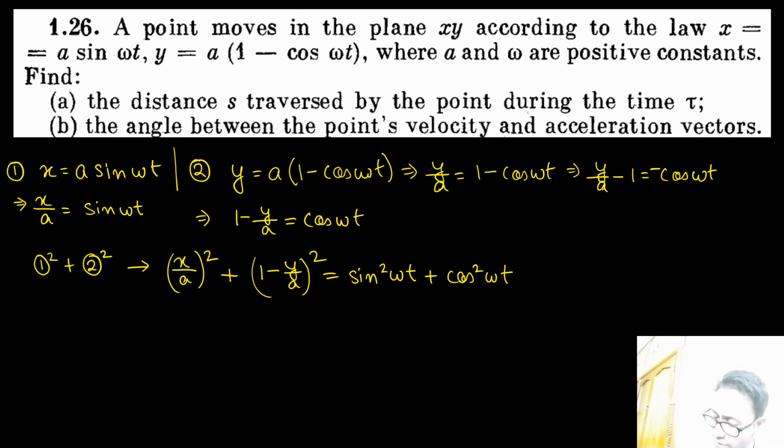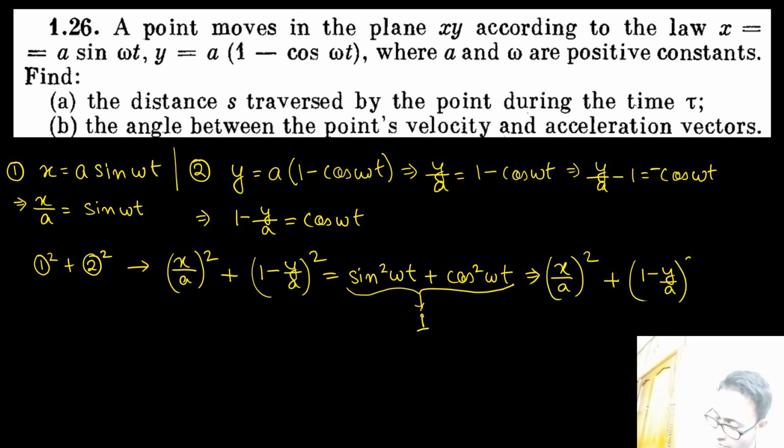And sin squared theta plus cos squared theta is nothing but 1. So I can rewrite this equation as (x by a) whole squared plus (1 minus y by a) whole squared equals 1. This is nothing but the equation of a circle.